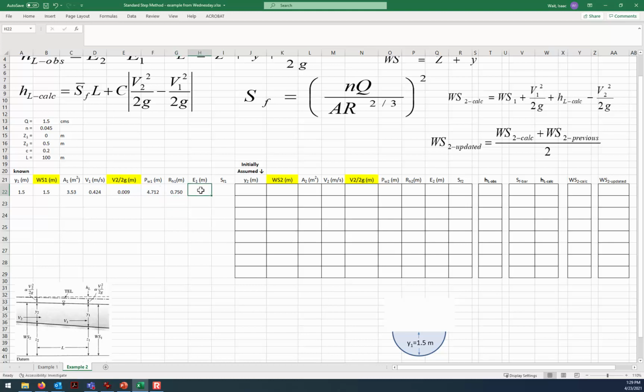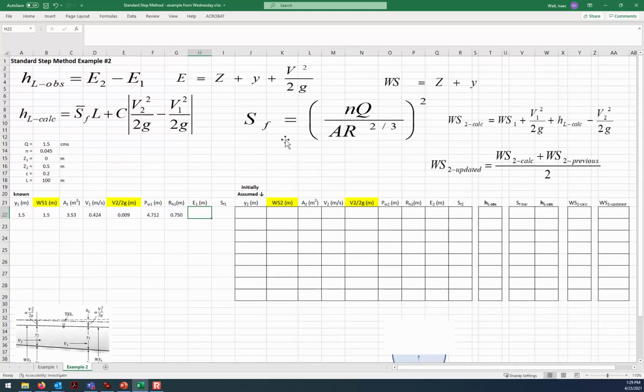And the energy is the Z, the depth, and the velocity head. So here is our formula for the energy. So it is Z plus the flow depth plus, here's our velocity head, 1.509 meters.